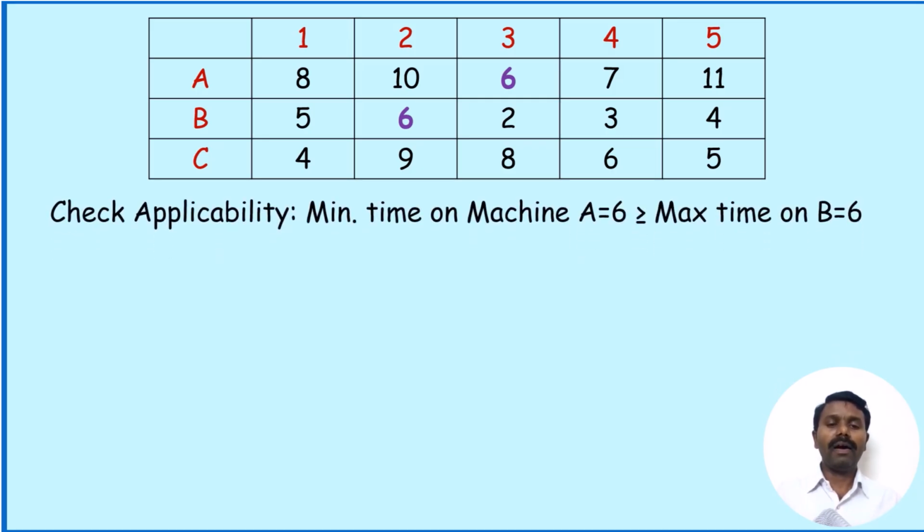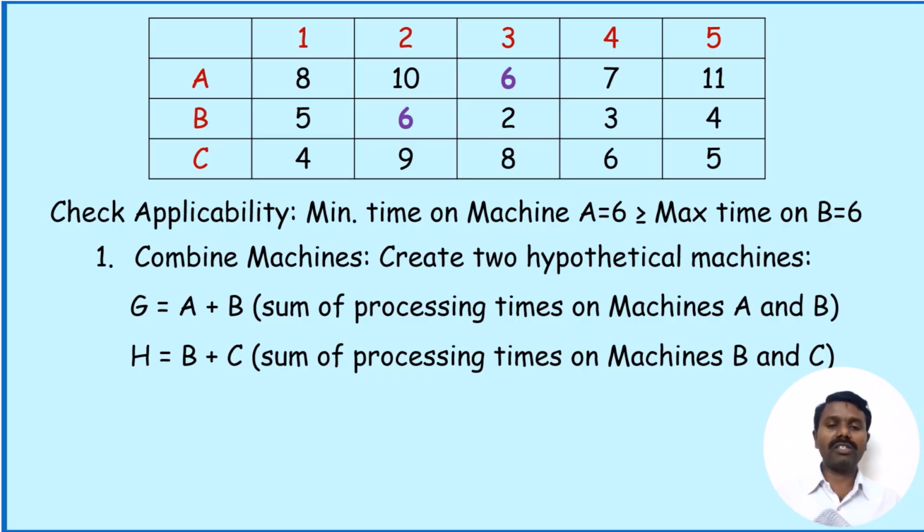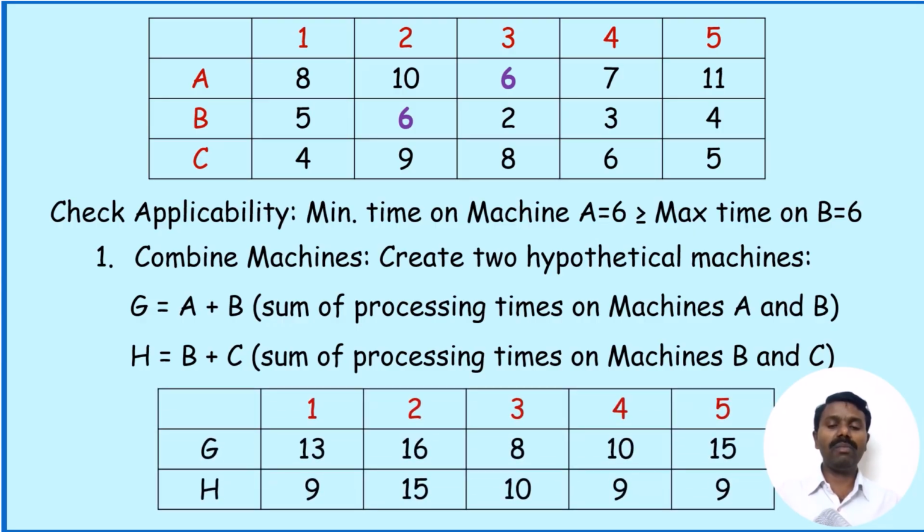Then we combine the missions and create two hypothetical missions: G equals A plus B, and H equals B plus C. G equals A plus B: for order 1 it is 8 plus 5, that is 13, for order 2 it is 10 plus 6, 16, then 6 plus 2, 8, 7 plus 3, 10, and 11 plus 4, 15.